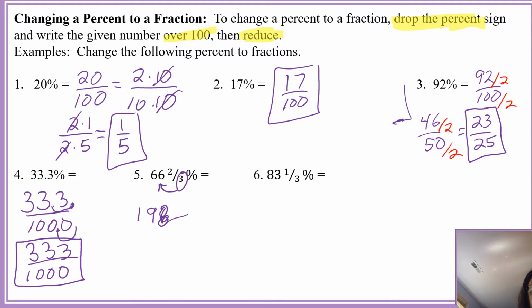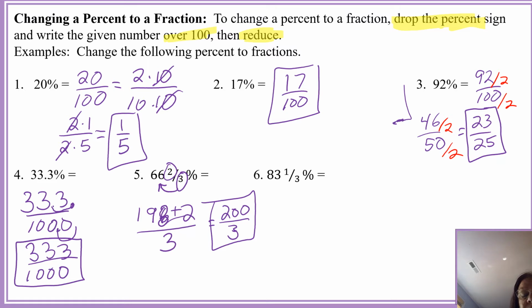All right, and then I add the 2, put it over the original denominator. So I have 200 over 3. Sorry, that 3 is not nice looking. And those won't simplify any further. 3 again is prime and does not go into 200.